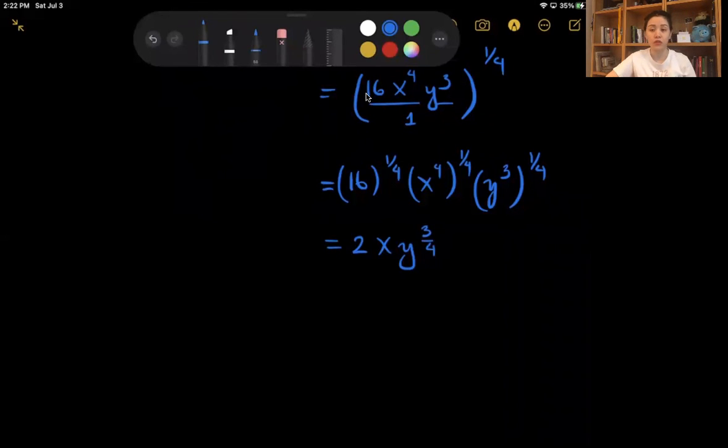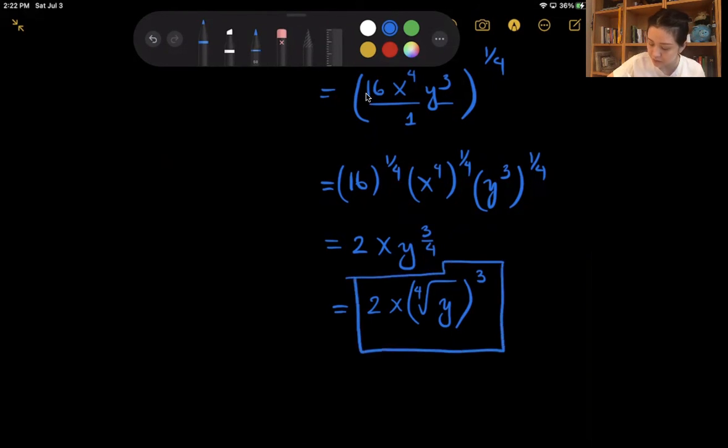Nothing we can do about y to the 3/4. If you want to change this into a radical expression, you can, right? So it'll be 2x times the 4th root of y cubed. Okay, or you can write the y cubed like this. You can put the cube power outside. Okay. And that will be our final answer.